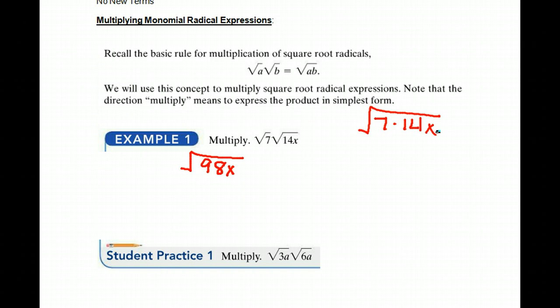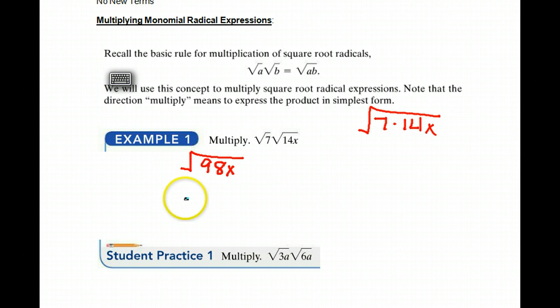At this point, you have to rely on your knowledge of square roots, and it might be useful to pull out that chart that I asked you to make a few lessons back and look for a perfect square that will divide perfectly into 98.